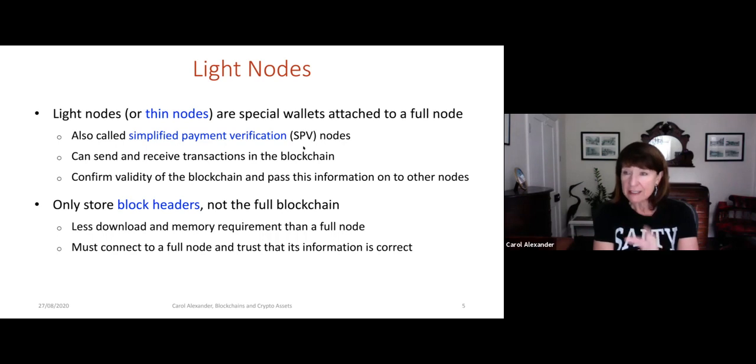When a miner says, here's a block, they quickly look up all the transactions in the block and check for no double spend. They only store a small amount of information, what we call the block headers, and we'll find out more about what block headers are in the next video. So there's much less storage requirement, but they do need to connect to a full node and trust that the information they get is correct.